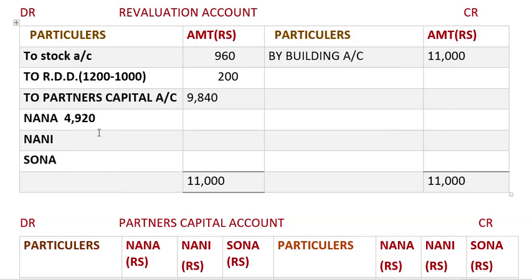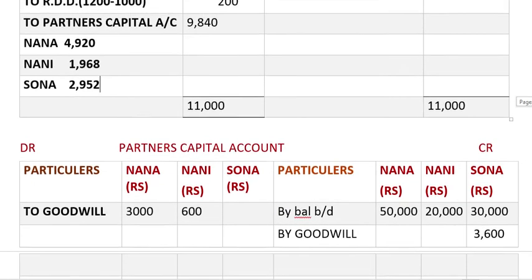4,920 of Nana, then of Nani we get 1,968, and of Sona we get 2,952. So now this balance we are going to transfer to the partners' capital account.